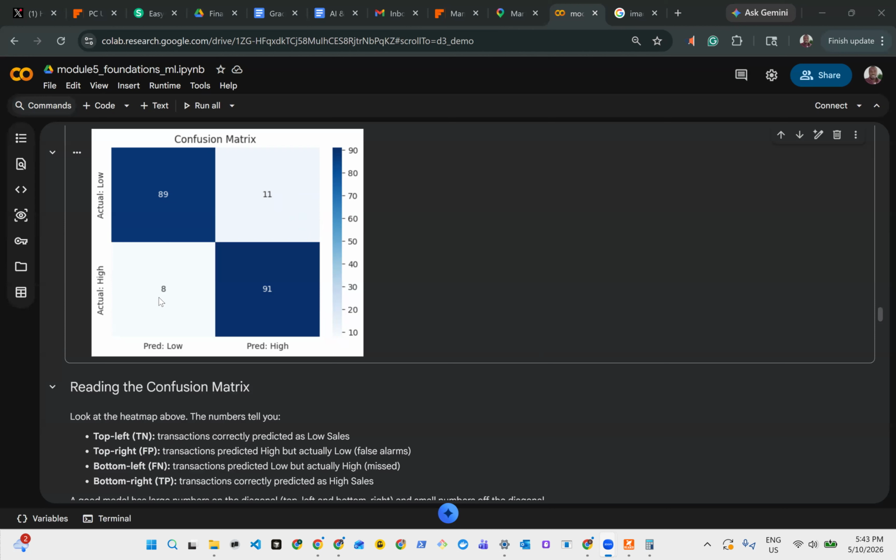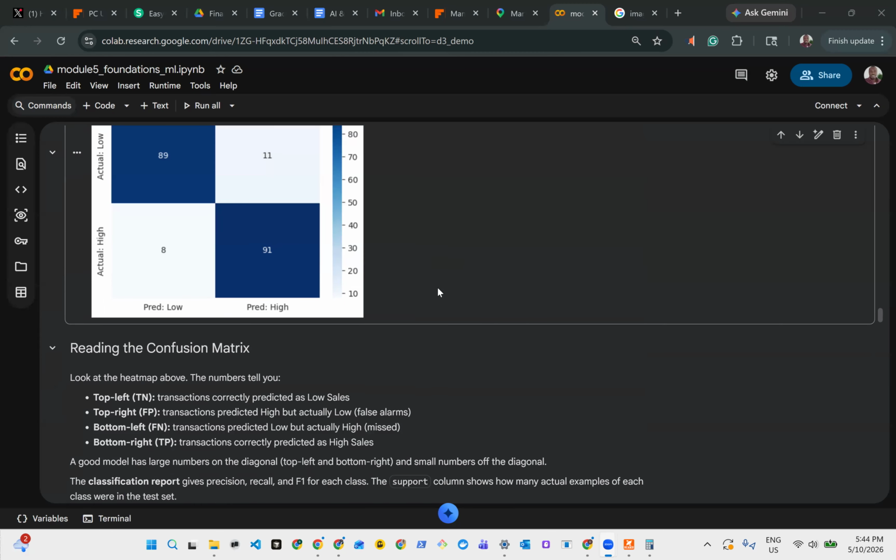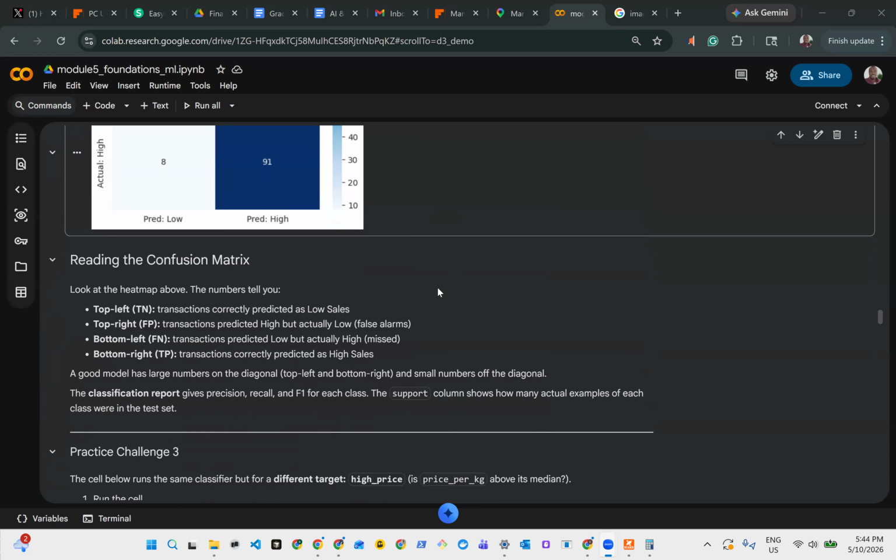The bottom left corner shows the predictions are low, but actually they are high, which is a missed positive prediction. We missed that high value, right? The model, not we. The model missed it. The bottom right, true positives, are transactions correctly predicted as high sales. They are high sales and the model was able to predict them as high sales, about 91 instances.